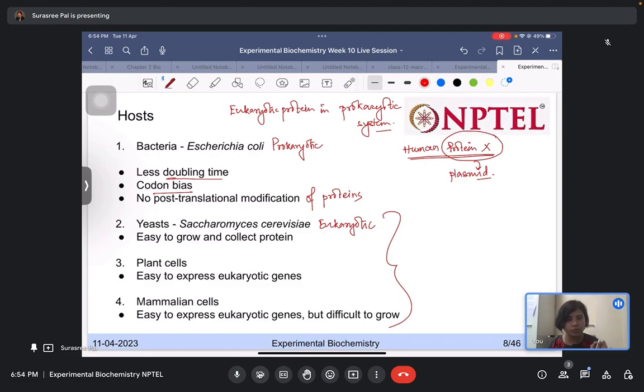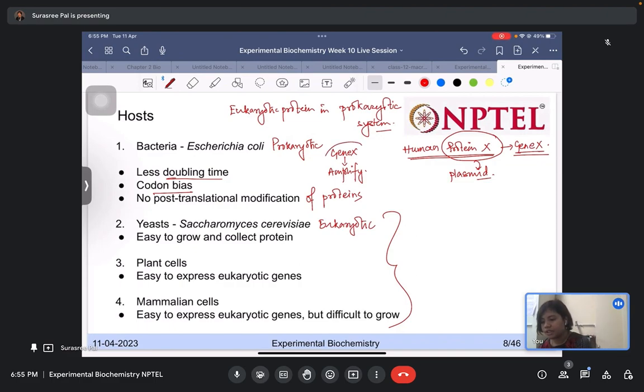So I'm just going through the process of cloning once more. From human cells, for example, we isolate the DNA and amplify the gene of interest, the gene X, which corresponds to the protein X. Amplification is done by PCR, which we are going to discuss just after this.